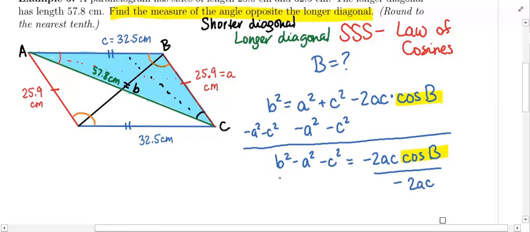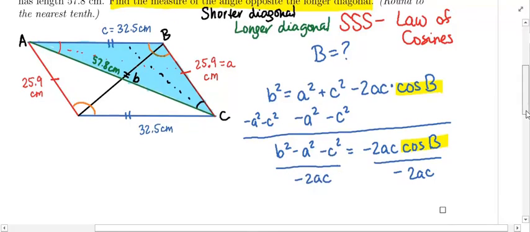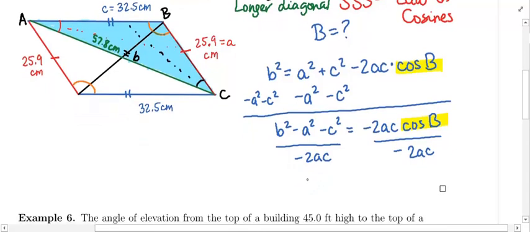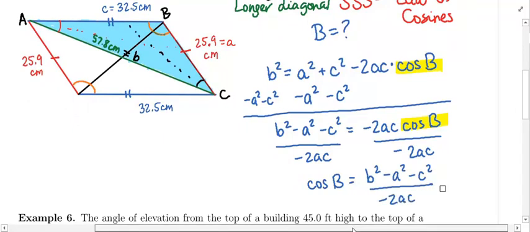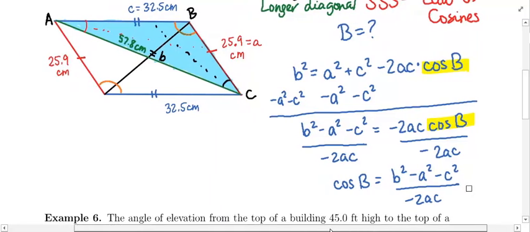Whatever I do to one side, I have to do to the other. This gives me a way of calculating the cosine of B. Reversing the sides of the equation, cosine of B is equal to B squared minus A squared minus C squared all over negative 2 times A times C.